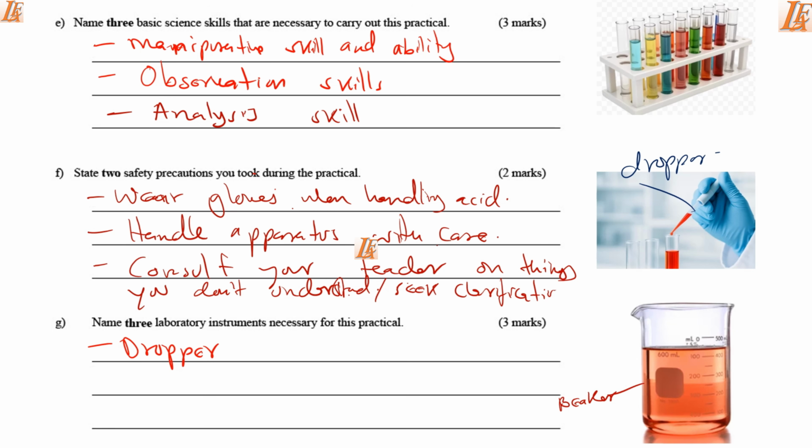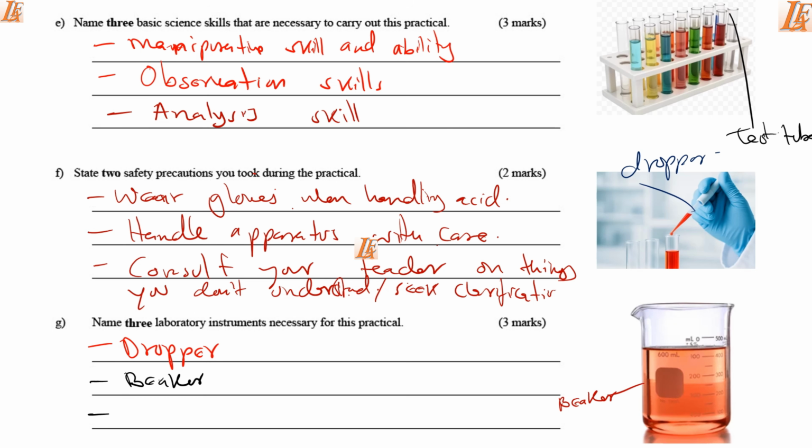Then other apparatus that you could not see, because we had a series of experiments, is what we call a test tube. So in this case, the second one is a beaker. Then the third one is the test tube.